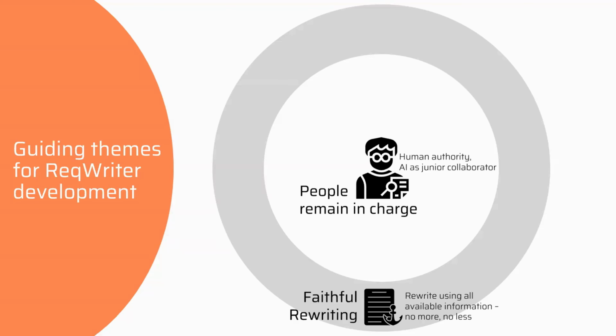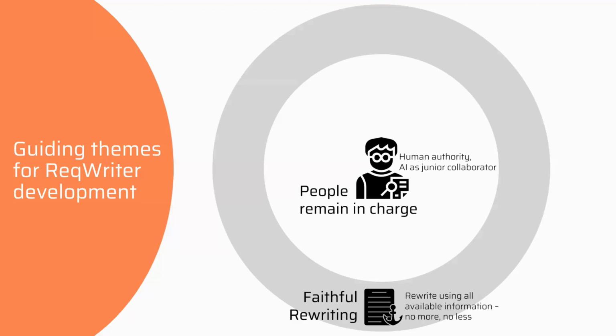And this means using all available information, no more, no less, and mostly no more. In AI terms, you often hear the term grounded in this context. Rewrites should improve clarity and quality, but should never invent information that wasn't already there. That constraint is intentional, and it's foundational for trust.